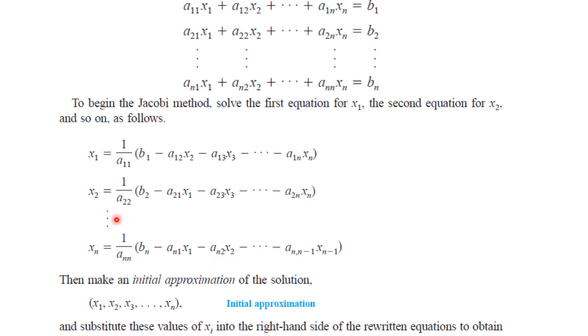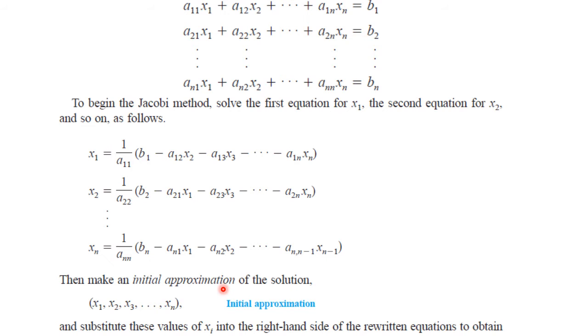So x2 is equal to 1 over a22 into b2 minus a21 x1, and so on up to a2n xn. And from the last, you can find the value of xn. So xn is equal to 1 over ann into bn minus an1 x1 minus an2 x2, and so on, minus an,n-1 x n-1.